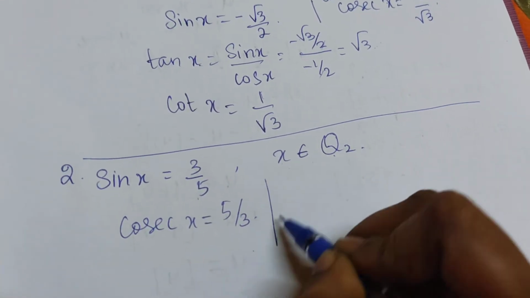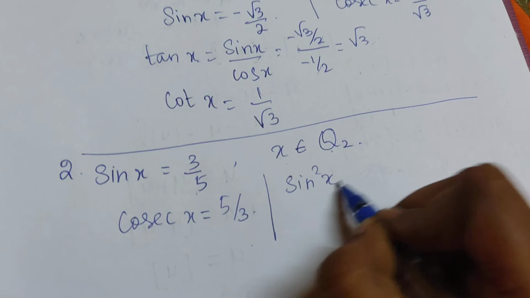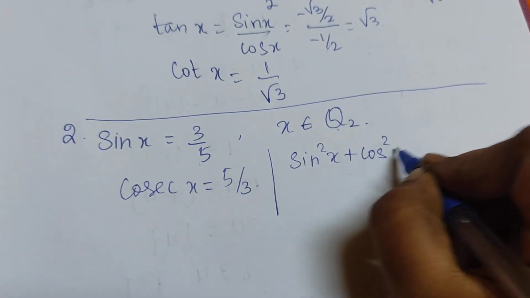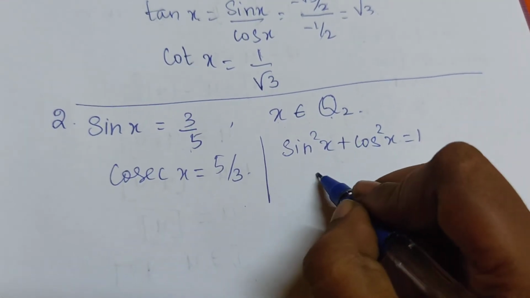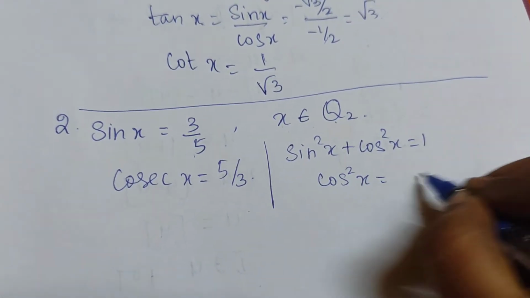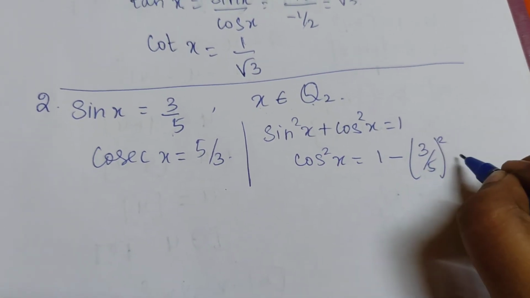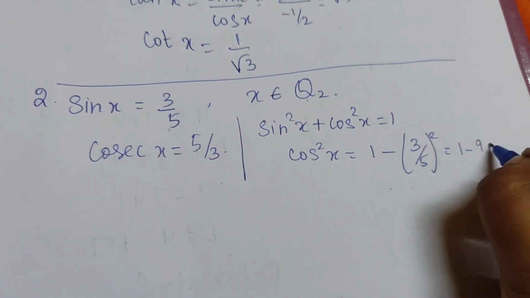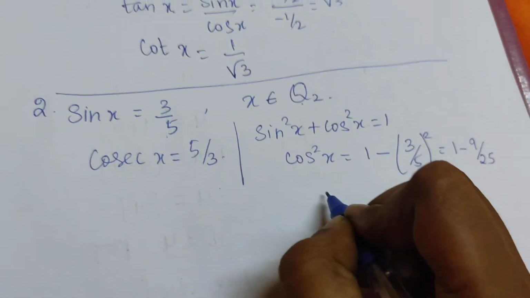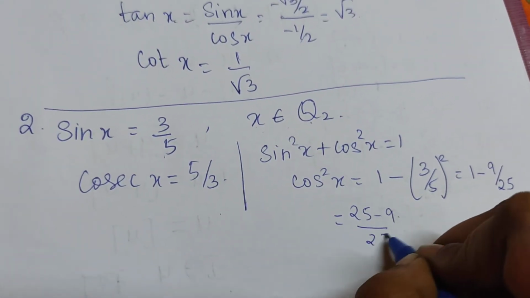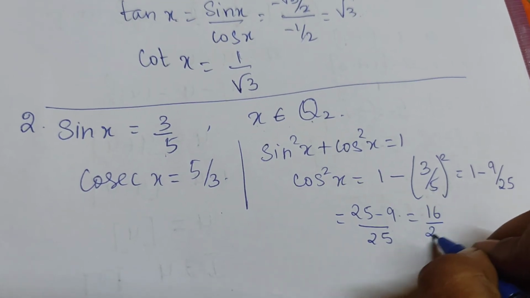Now according to the identity, sin square x plus cos square x is equal to 1. So cos square x is equal to 1 minus 3 by 5 the whole square, which can be written as 1 minus 9 by 25. We get 25 minus 9 by 25, which is 16 by 25.